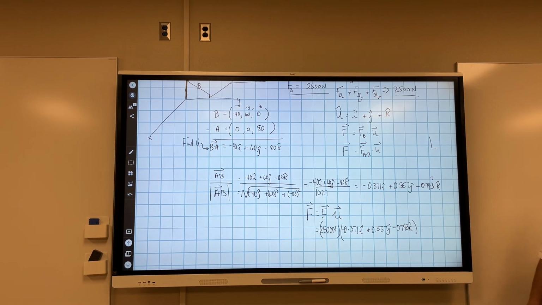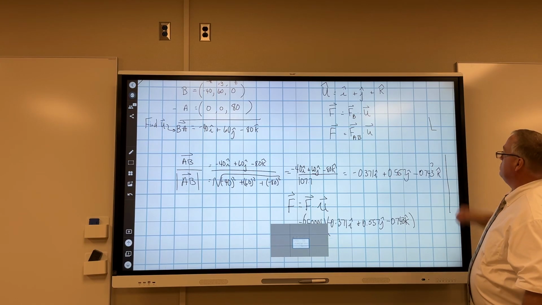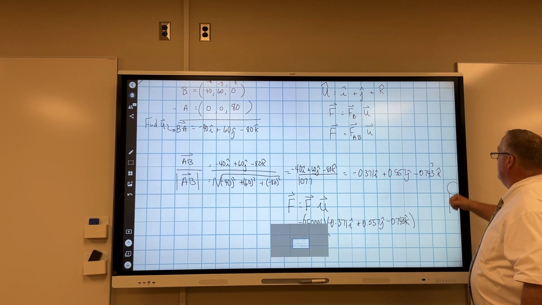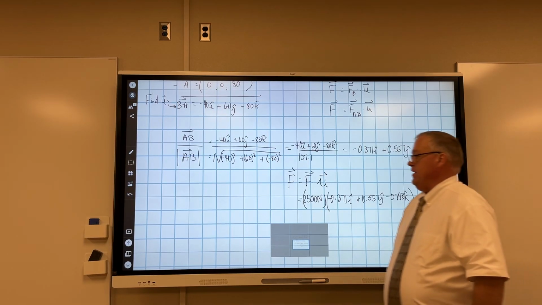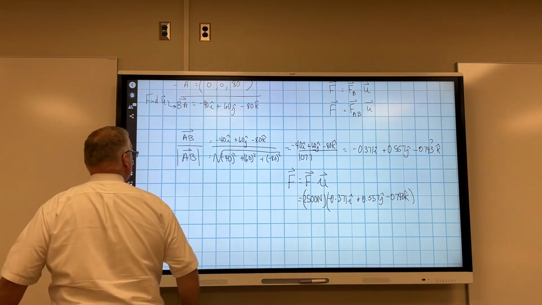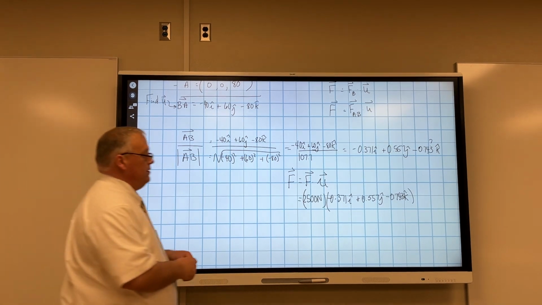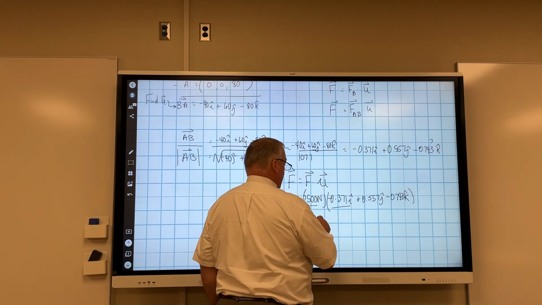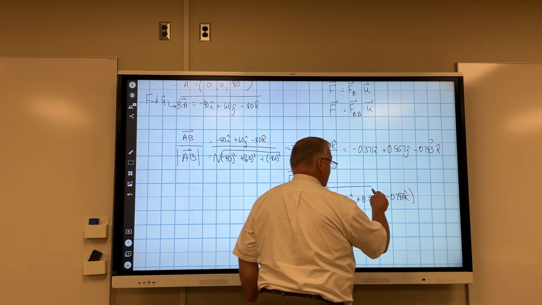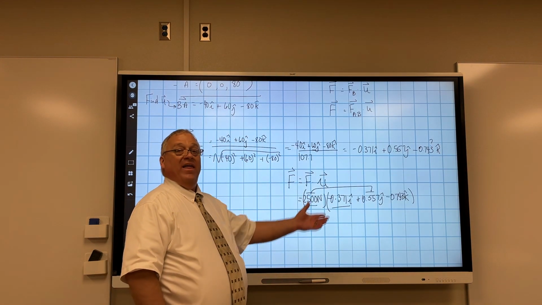Okay. With that, now what can I do? What's the x component? This times that, right? What's the y component? This times that. What's the z component? That times that.